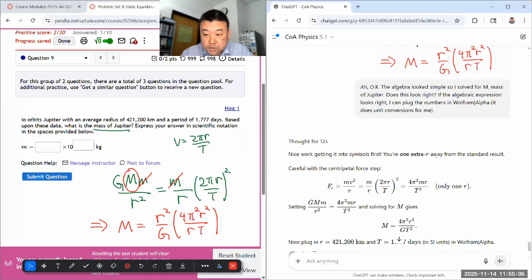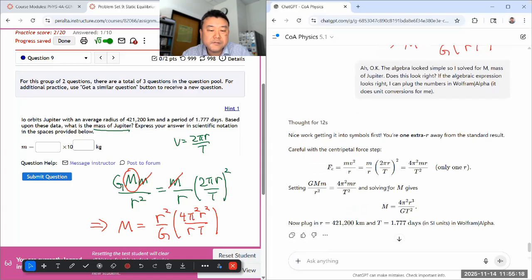Nice work. One extra r away from the standard result. Yeah. Oh, what I mean. Careful with that. Here it canceled out, and I didn't bother to. So r to the 4th power is what you will eventually have once you cancel this out.